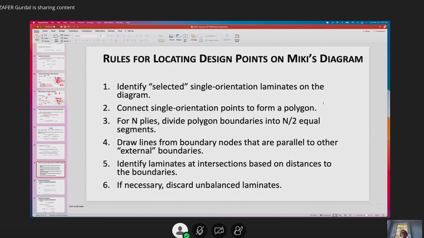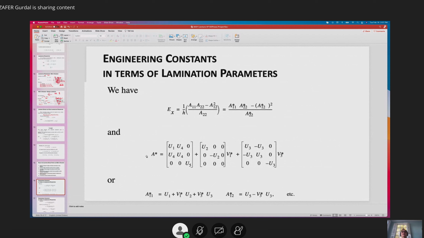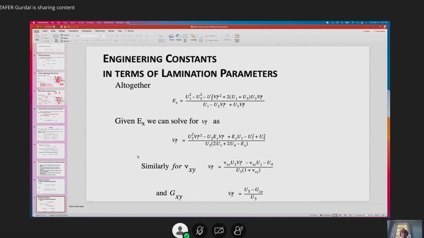These are all going to be symmetric, but if there's a requirement on laminates being balanced, then you have to get rid of some of the other points in there.